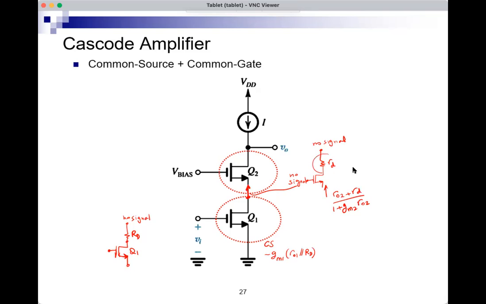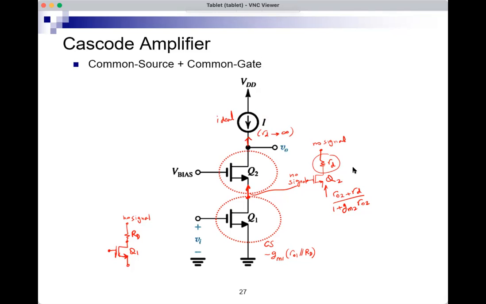So what is RD for Q2 here? Well, this is ideal, and in the small signal analysis, this becomes an open circuit. So RD goes to infinity. So this is an infinite RD in small signal analysis.